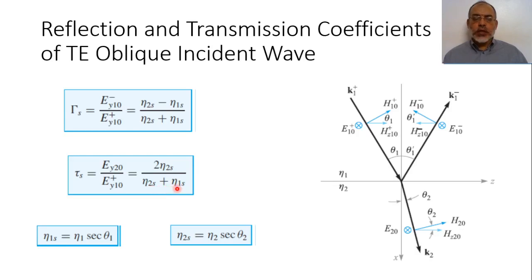And we can note that unlike in the case of parallel polarization, we don't have the term cosine theta 1 over cosine theta 2 here. Alright?